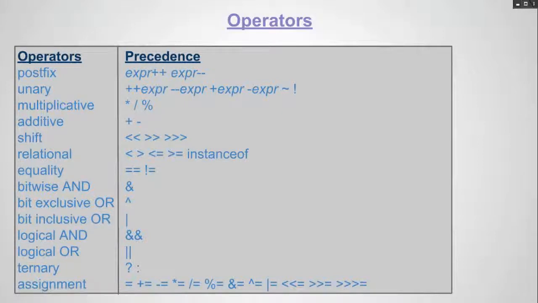I will show examples of all these operators and how to use them. So is that clear? What is a variable, how to assign values to a variable, and how to perform some operations?